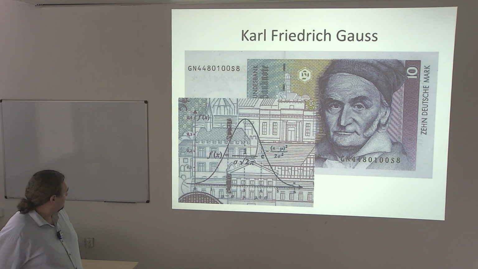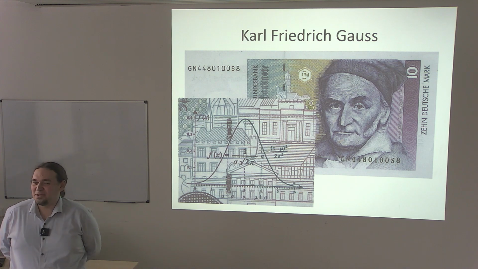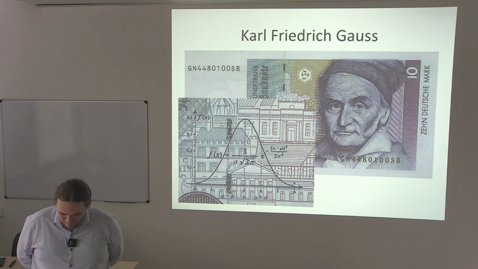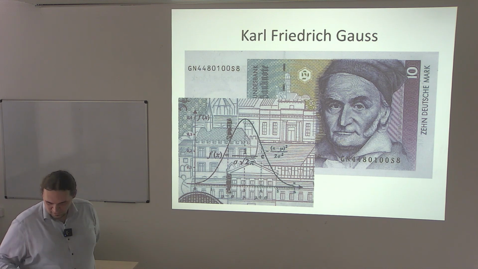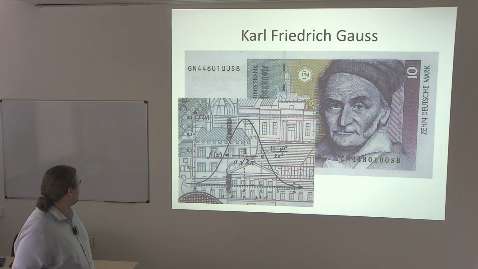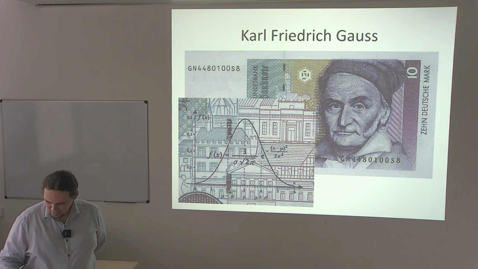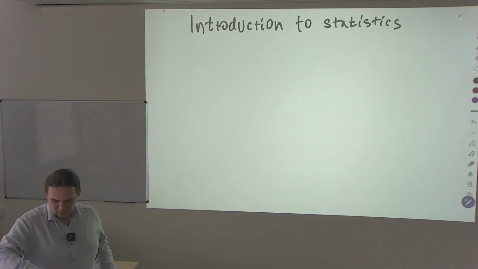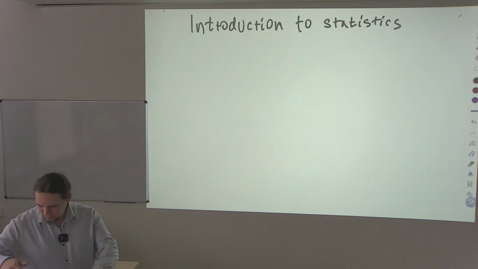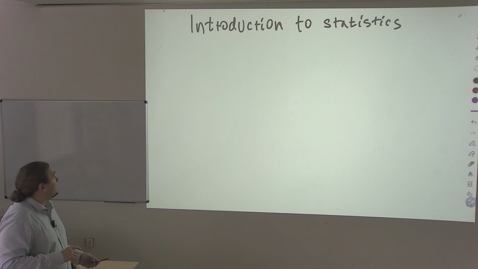Okay, so if Germans had this on their money, we should have a look at what this function does. We will rewrite it and have some fun with that function today.